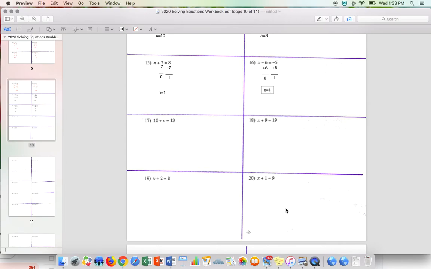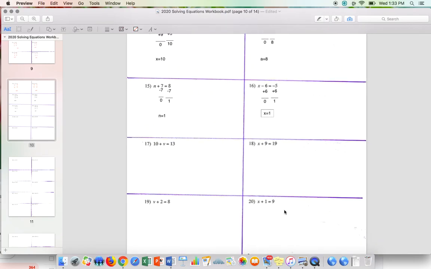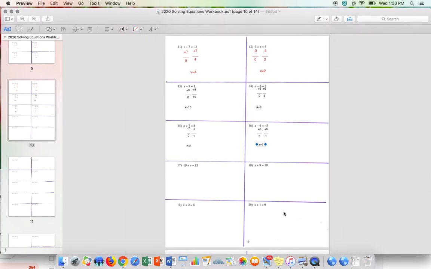Okay, so you can either put this in the hand-in part of haiku as an assignment, or if it's easier for you and you're feeling confused, you can pull it all up on your screen like this and hit Command Shift 3, and it will take a picture of the entire screen.